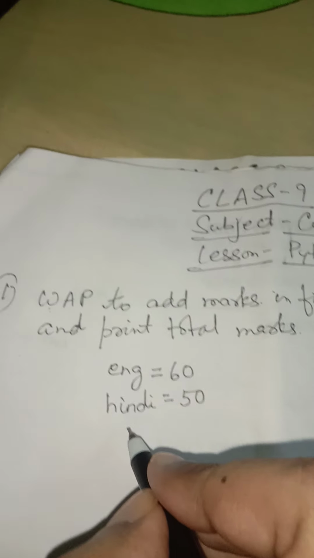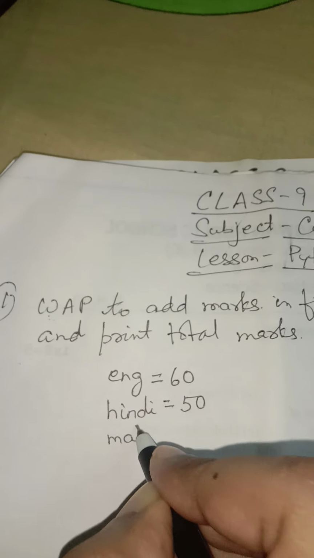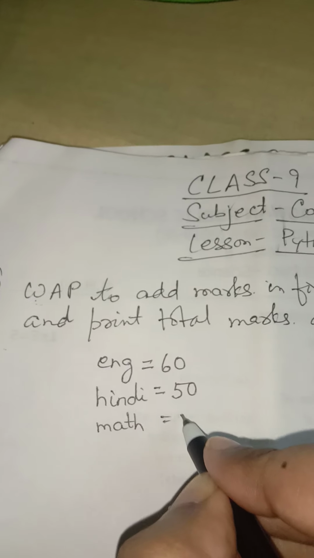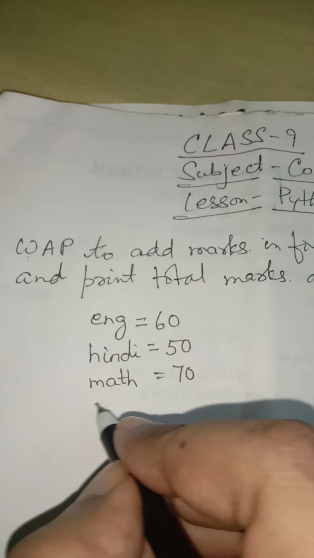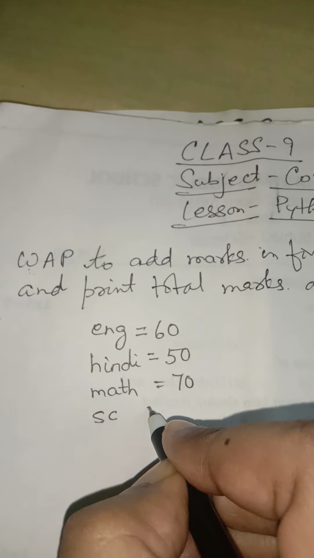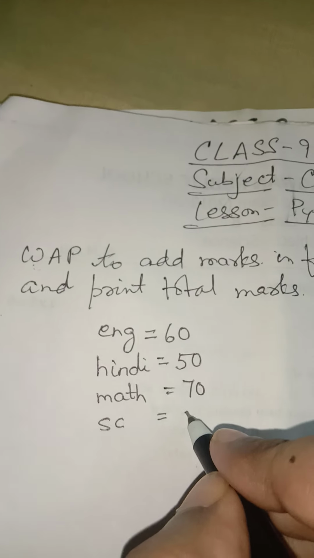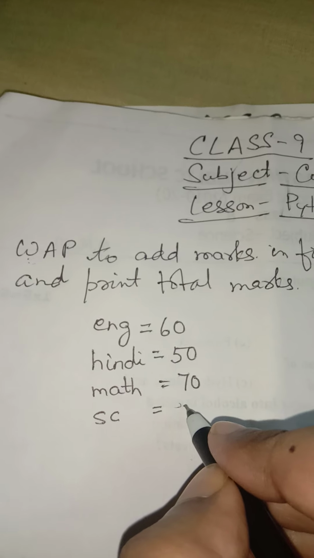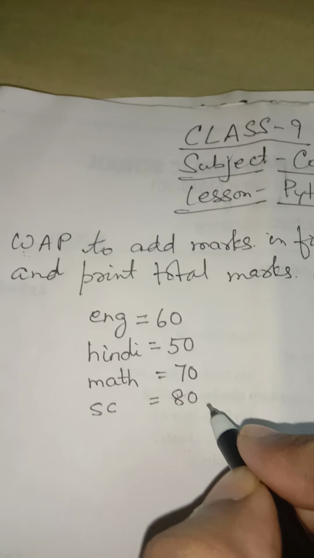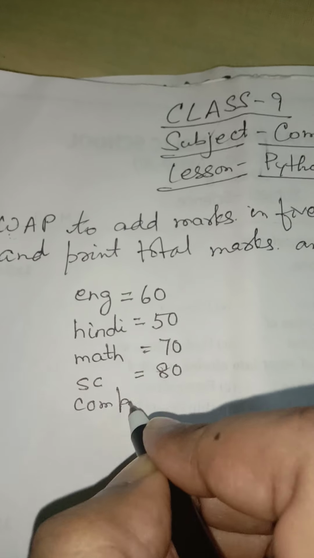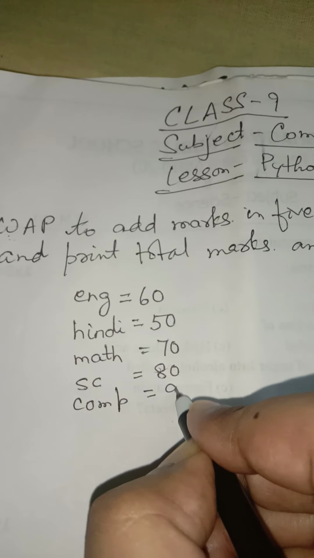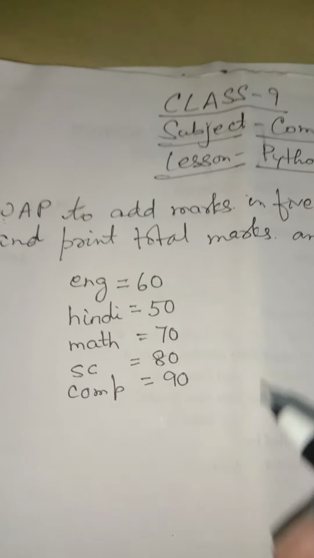So the next variable again that I am going to take is math, and the value 70 is assigned to it. So the next variable SC. SC stands for science, and the value that I am going to assign over here is suppose 80. And then computer, COMP, and the value 90 is assigned to it.